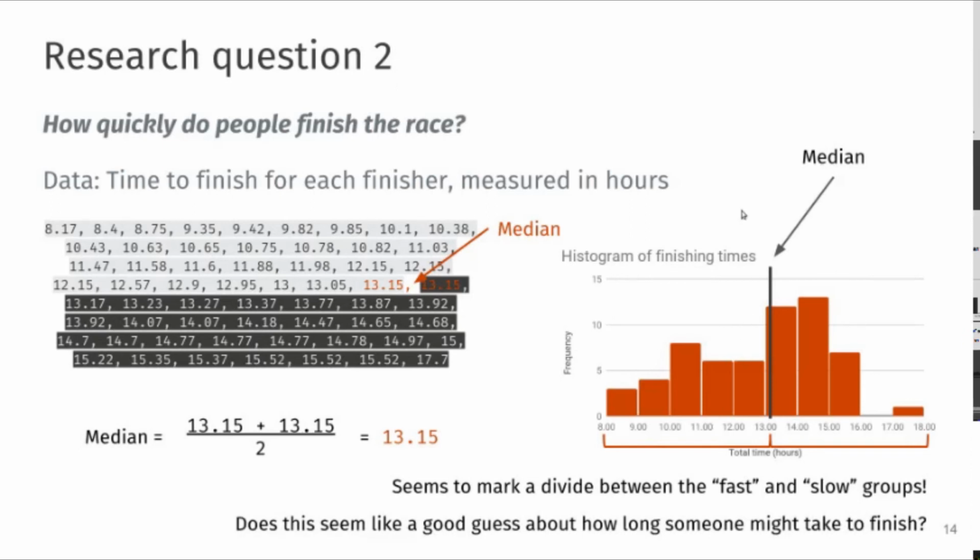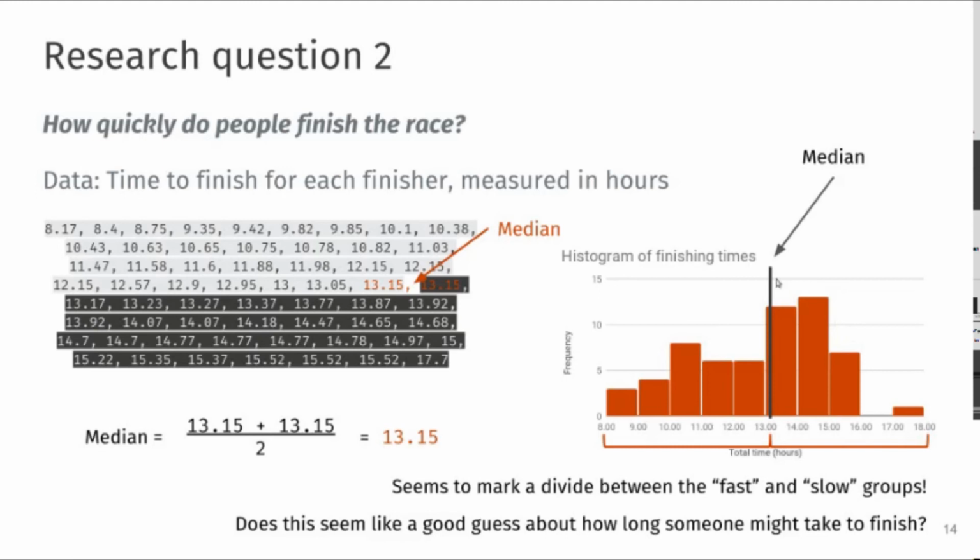Well, I will give you some arguments in favor of this as being a good guess about how long someone might take to finish, in that, if you don't know if someone is going to be in the fast group down here or the slow group up here, so imagine you didn't know anything about the person other than that they, for whatever reason, were stupid enough to run the 50-mile Virgil Crest course.